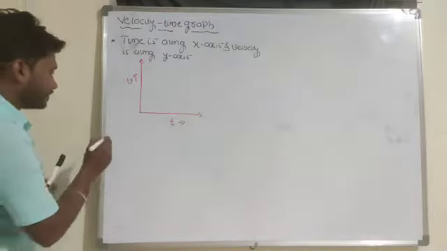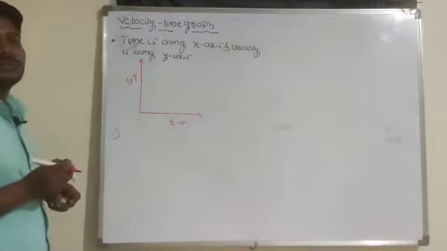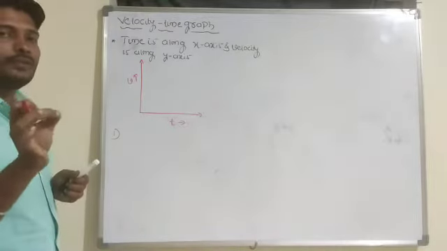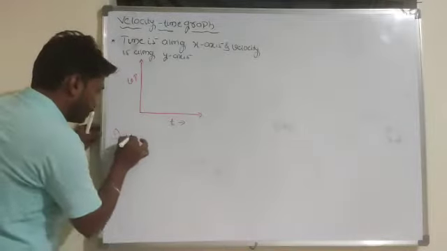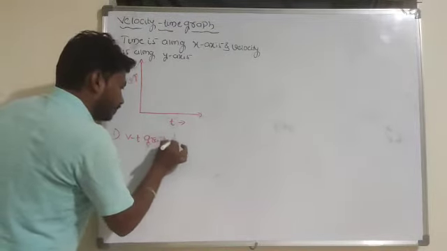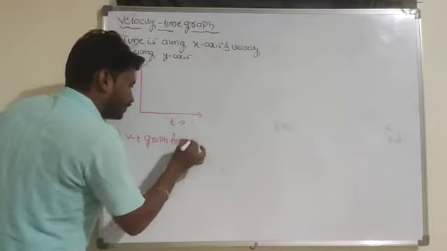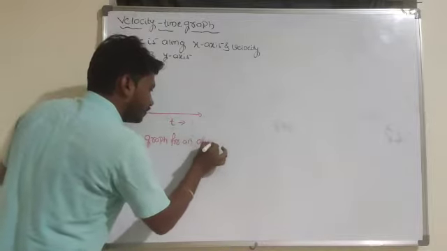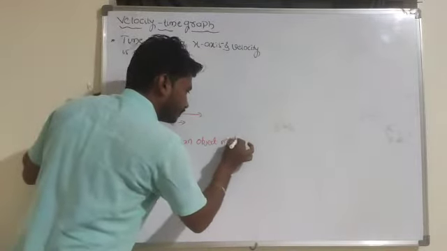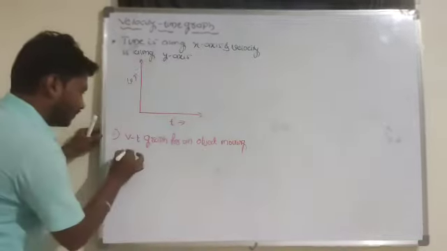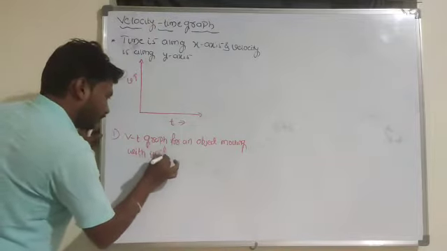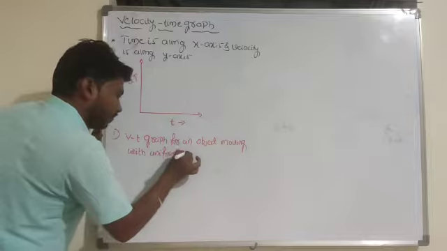Let me begin with the first aspect, the VT graph for an object moving with uniform velocity.